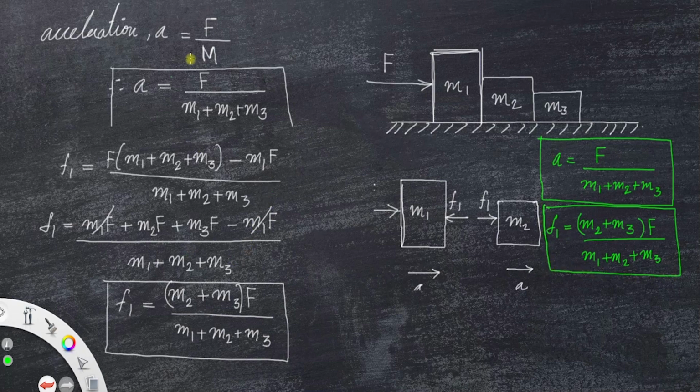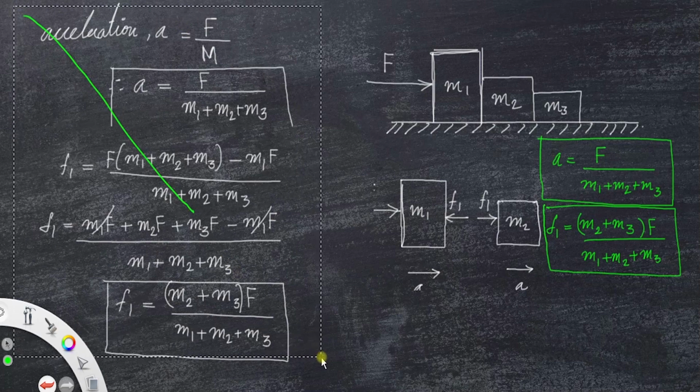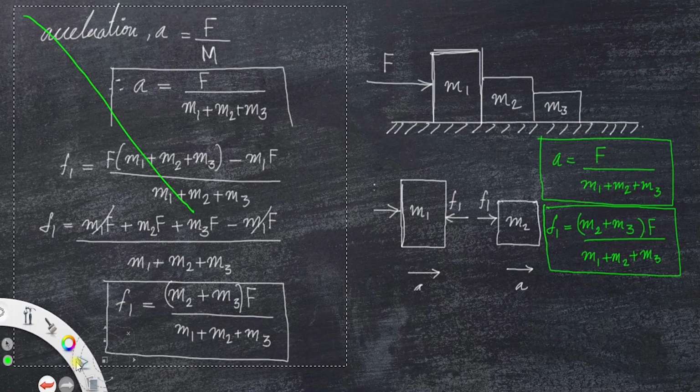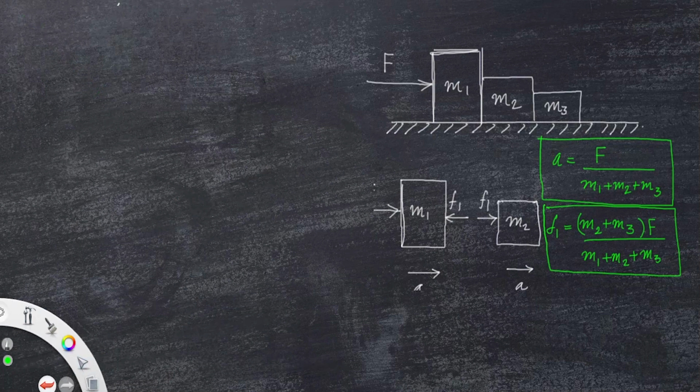Okay, now let me erase this. Now let us consider these two masses M2 and M3. I already wrote it here. Let me draw this M2 again.